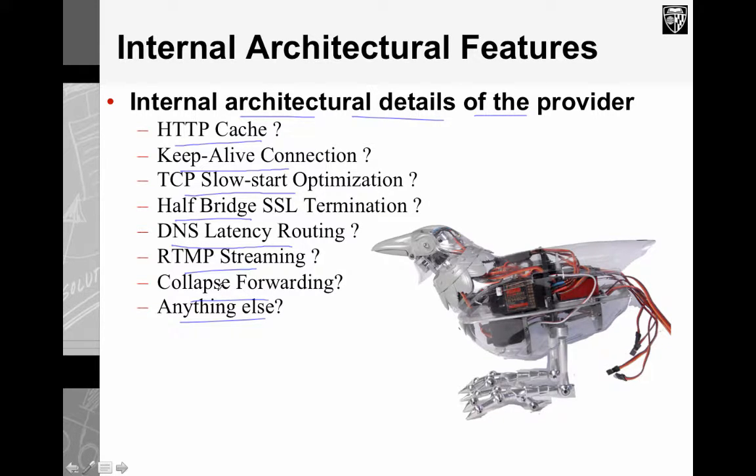You want to have an understanding of what it is that they are really doing. Talk to the CDN provider. When we look at AWS CloudFront, I'm going to be going through each one of these different techniques and how the CDN provider accomplishes serving highly available, scalable, performant content.